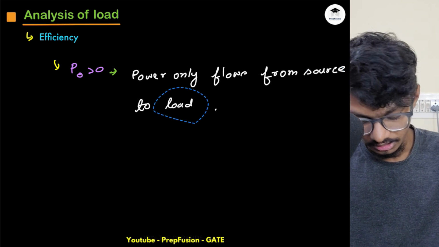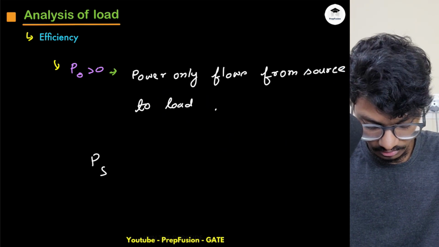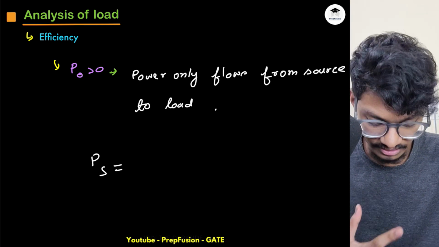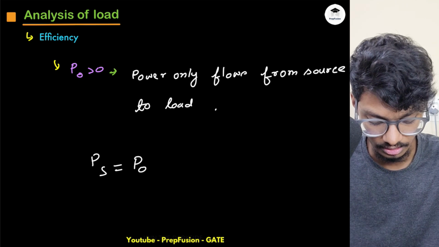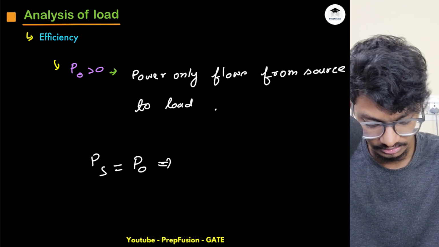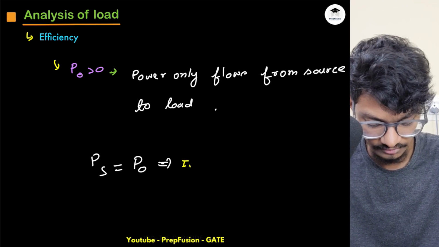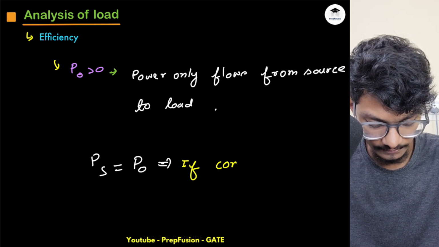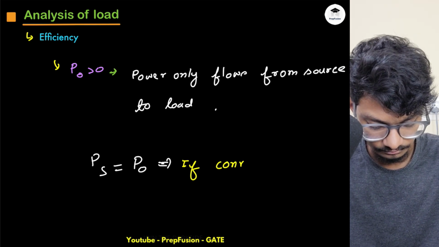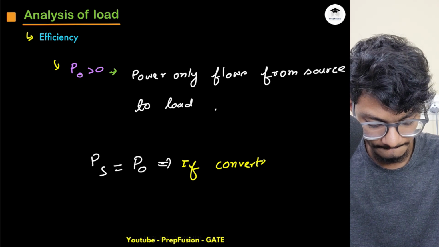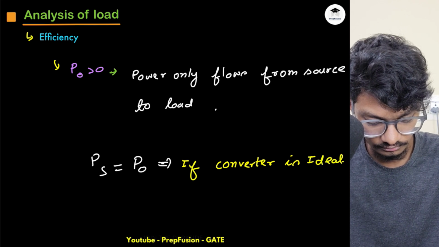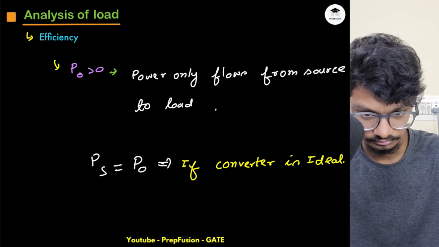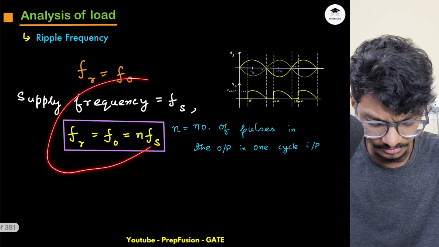And in case of an ideal converter, whatever power I delivered from the source, PS, will be equal to PO, the power the output got, if the converter is ideal. Why am I telling this? Just for the derivation of power factor.